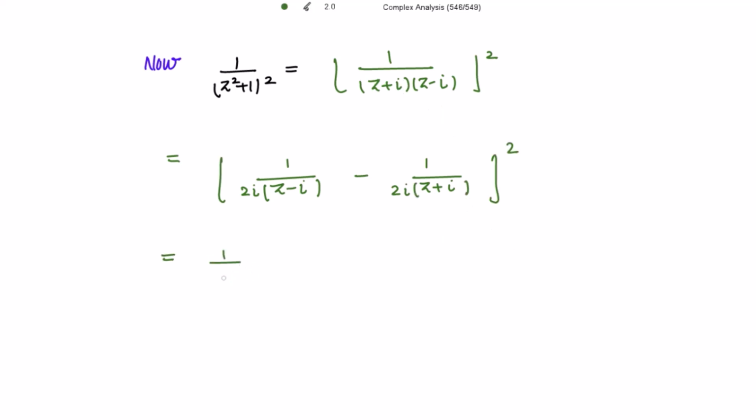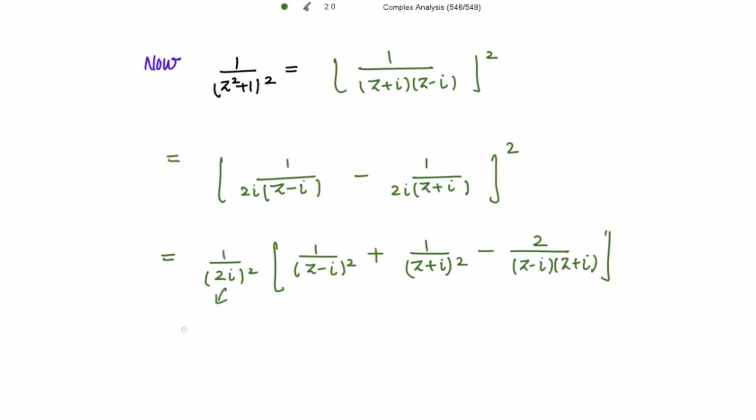Let's take 1 divided by 2i outside with the power 2, opening the square of this, and this becomes 1 divided by 4i², that is minus 1 by 4, because i² is negative 1. So this is minus 1 by 4. Very carefully you have to solve this. Let's take the partial fractions for this.